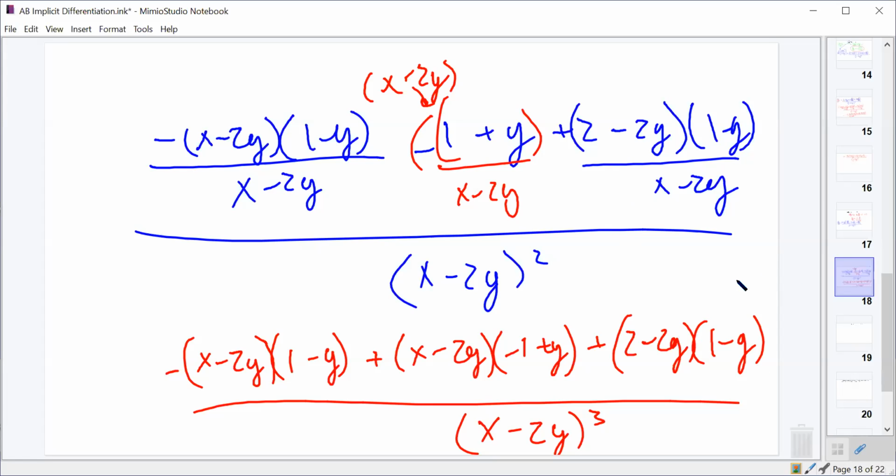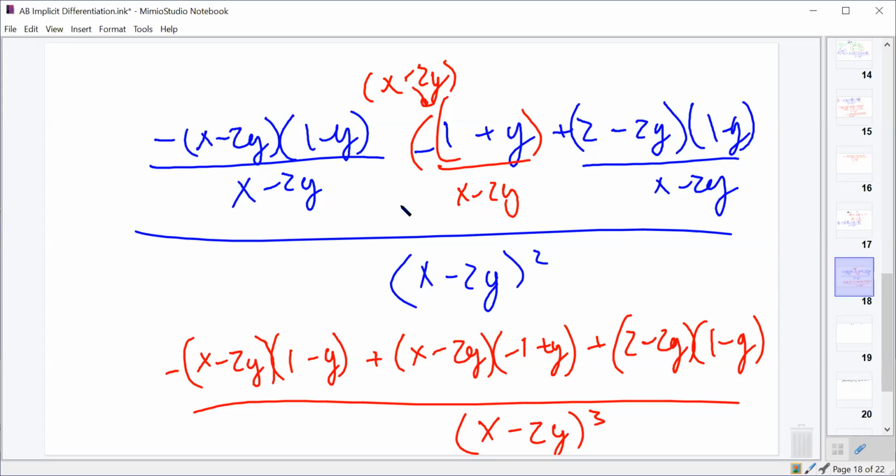Any other questions on that? Finding second derivatives using implicit differentiation. Why does, for the final answer, the denominator become x minus 2y to the power 3? Because each of these pieces in the numerator has x minus 2y as the denominator, right?